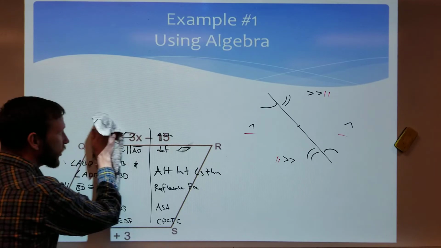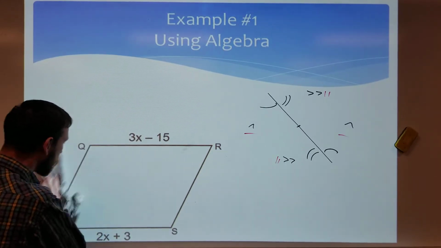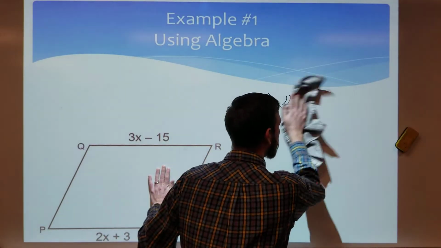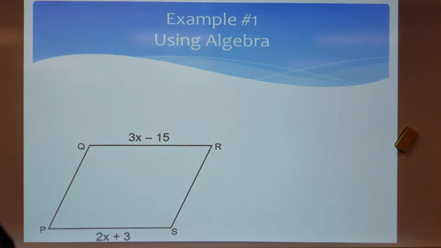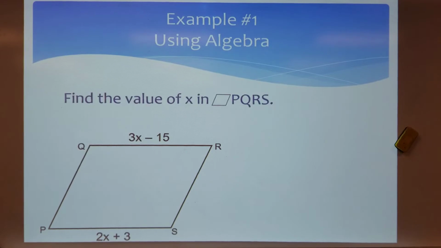We will use this to create algebraic equations and then find the values of our variables. We'll have a situation like so, where we are told that PQRS is a parallelogram, and our job is simply to solve for the variable.